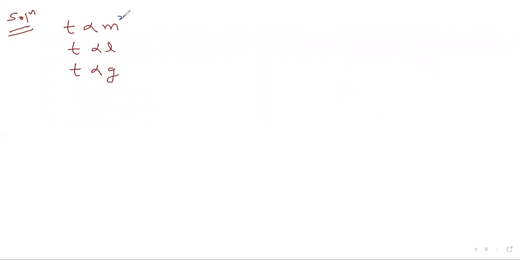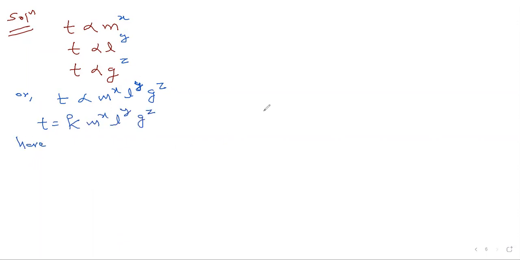So here the powers are x, y, z: T is proportional to, T equal to k m to the power x, l to the power y, g to the power z.